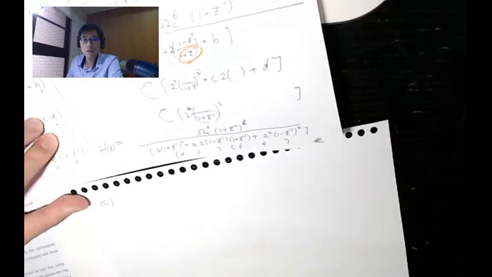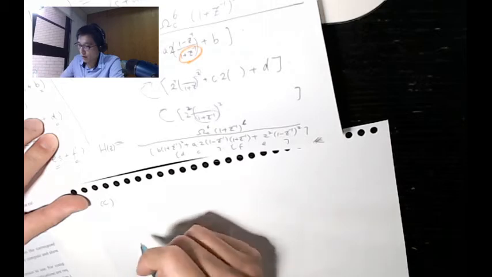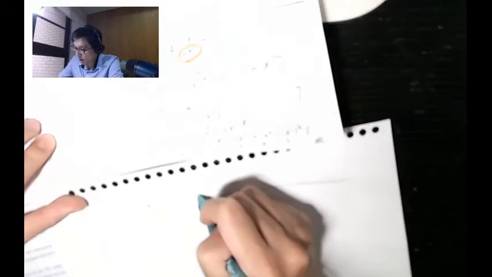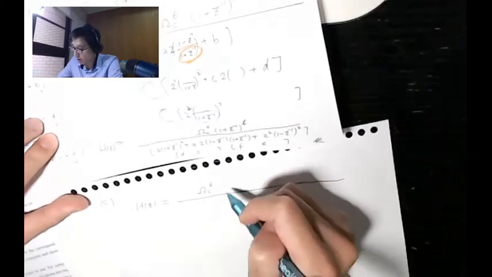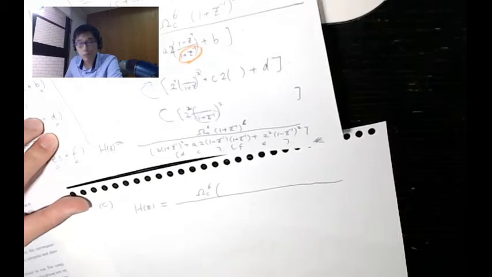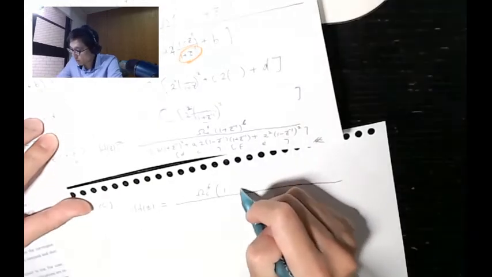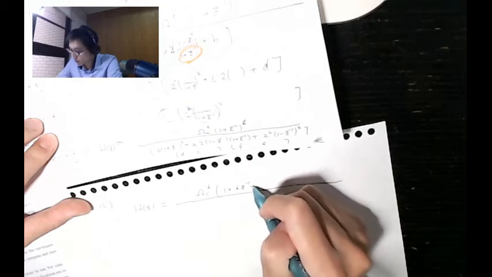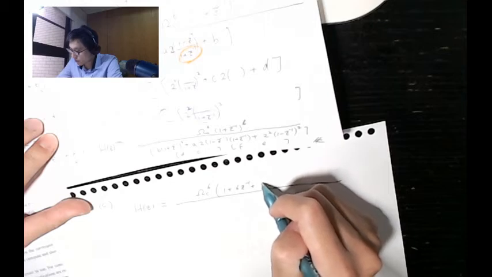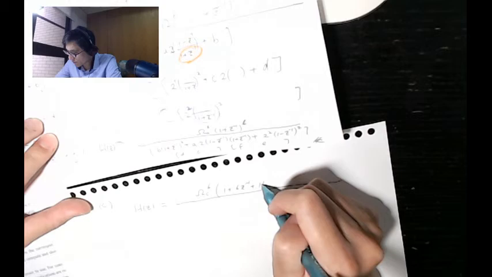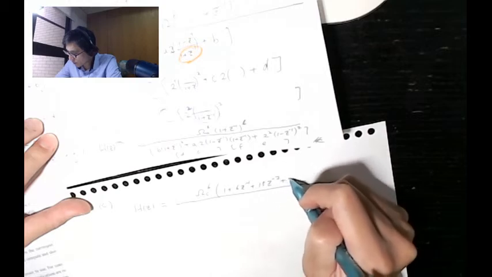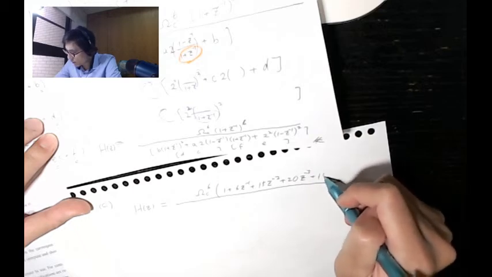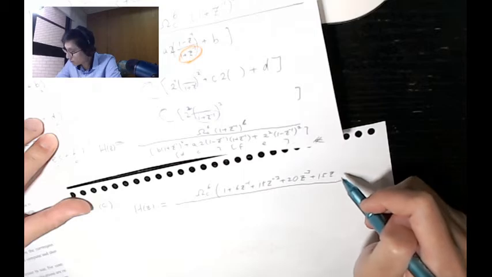So in part C, all you need to do is to express H of z as omega c to the 6th power, and on top we know that (1 plus z inverse) to the 6th power is what? 1 plus 6 z inverse, I'm just memorizing, 1, 6, 15, 20, something like that, 20 z to the minus 3rd power, and it's going to be a symmetric polynomial.